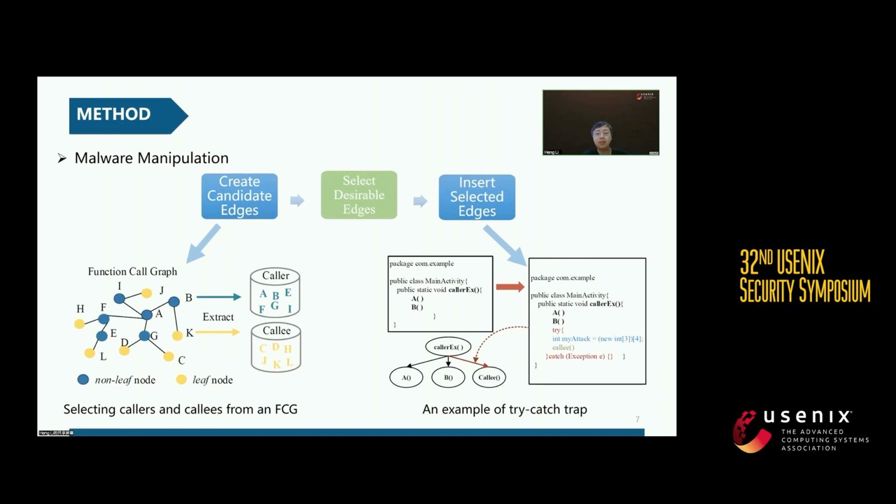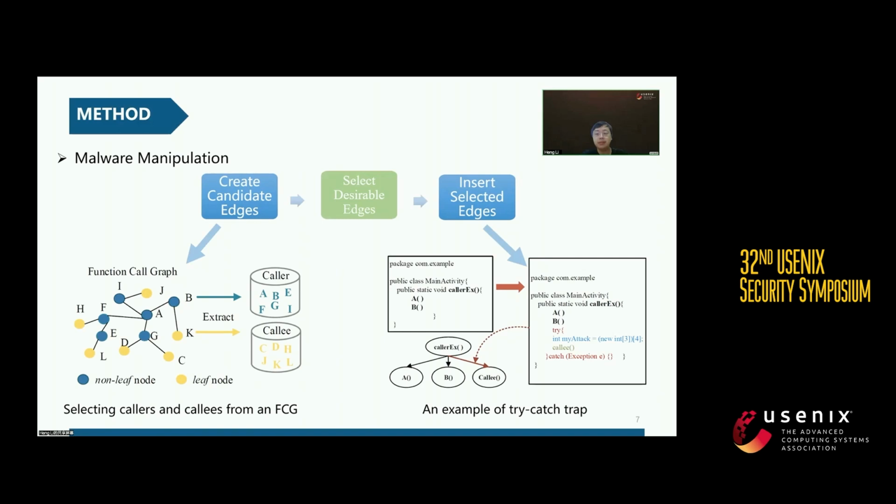We first show how to use a new method named try-catch-trap to insert the selected edges. Try-catch-trap first inserts a try-catch block into the caller and places the statement of invoking the callee in its trap block. It then adds several statements in front of these function calls.